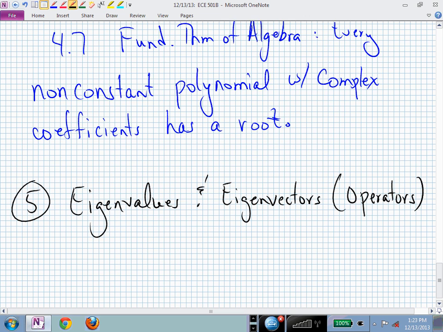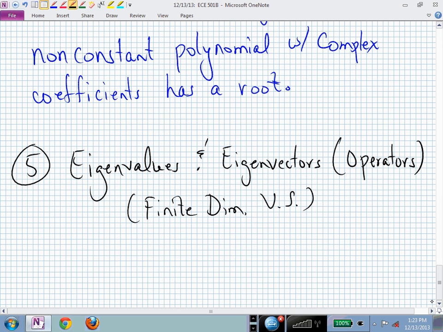These are operators. And again, this is on finite dimensional vector spaces. One of the key things, though, when you think about an eigenvector, or eigenvectors, then we're dealing with invariant subspaces.